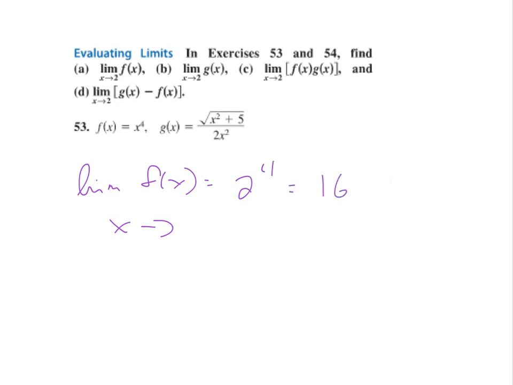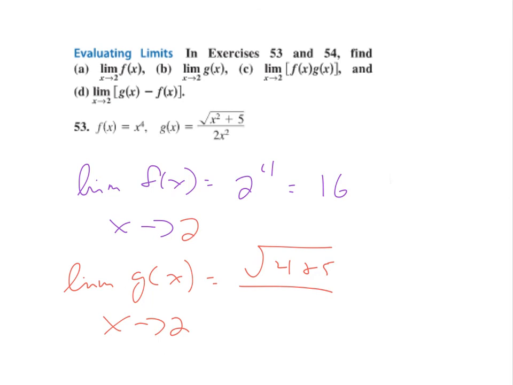And the limit of g of x as x goes to 2 is equal to the square root of 2 squared, which is 4, plus 5, over 2x squared, which is 2 times 4, which is 8. So it looks like this is going to be square root of 9 over 8, which is 3/8.